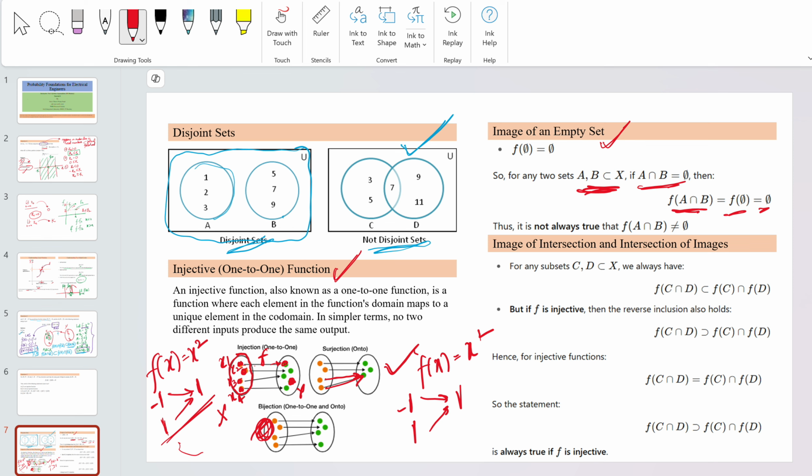So when the two sets, which are subsets of x, have no element in common, their function image also should not have any element. That is also an important concept. And it is not always true that f(A) intersection f(B) is equal to phi. It is possible that f(A) intersection f(B) is not empty.